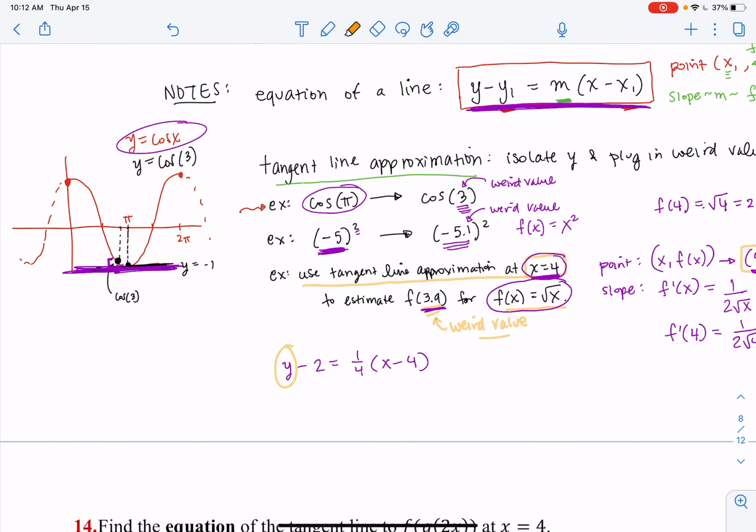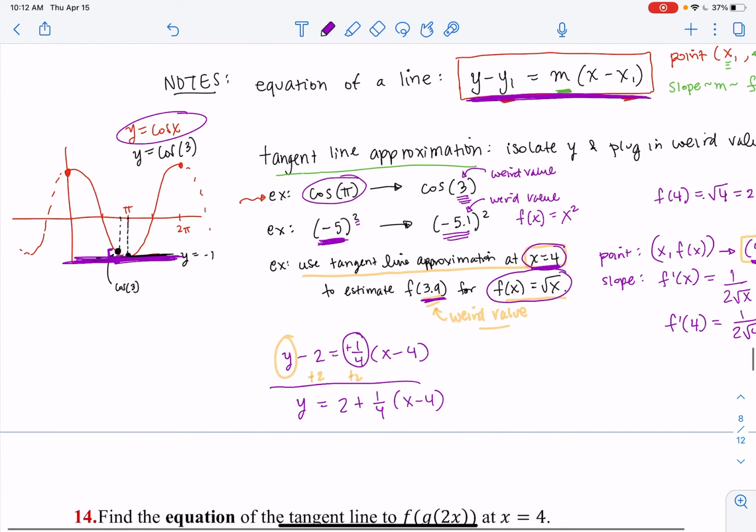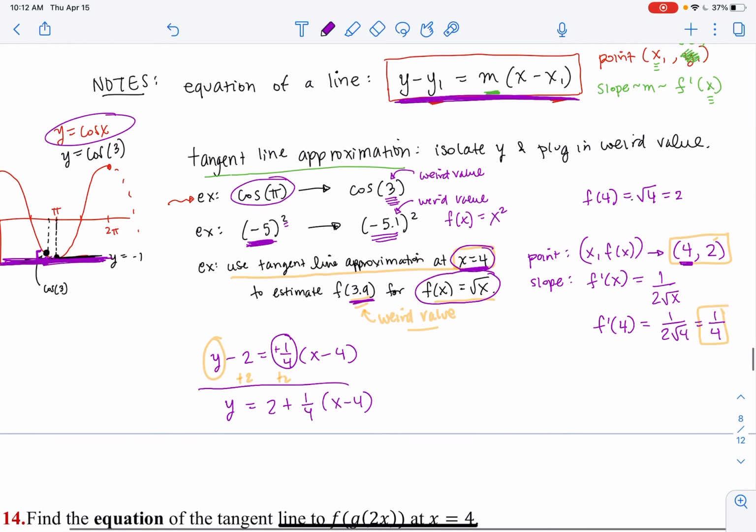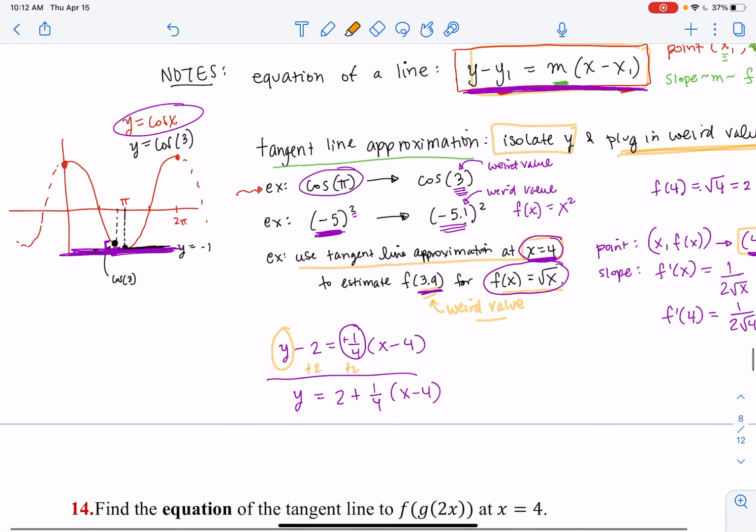So we're going to move this 2 to the other side, and I'll get y equals 2, because it's positive, plus 1/4, because that slope was also positive, times x minus 4. Great. So for the tangent line approximation, simply start with the equation of the tangent line, then isolate your y, and now we can plug in our weird value to approximate.